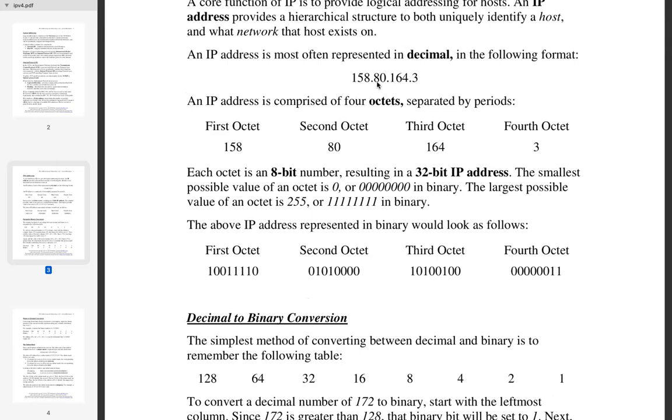This 80 falls under one of the octets and has its zeros and ones. And this 158 falls under one of these 4 octets and has its zeros and ones. Any question? Well understood, sir. Okay, let's move on.